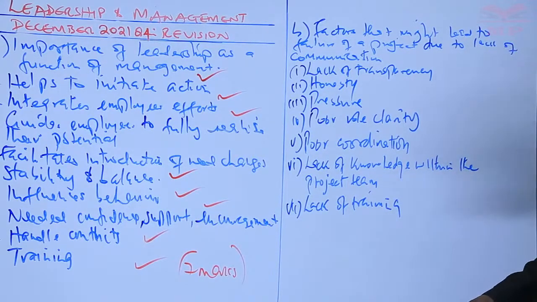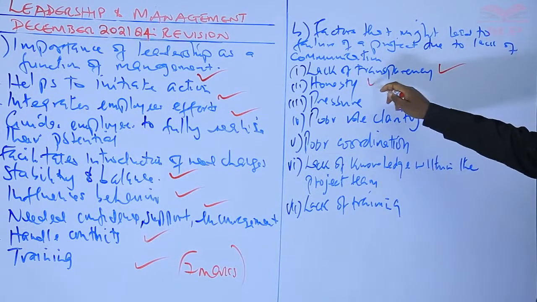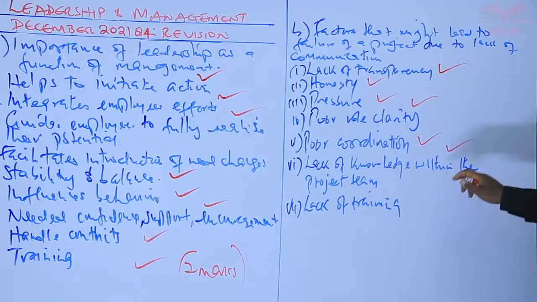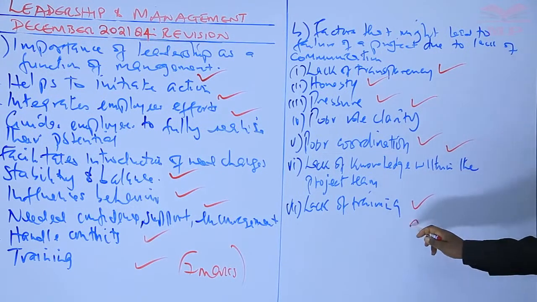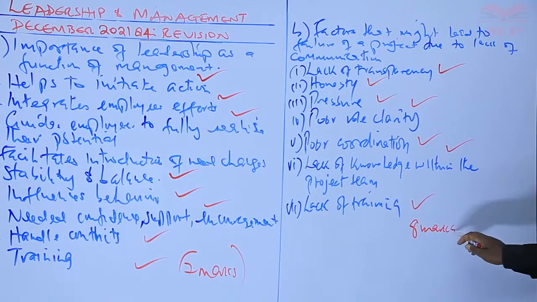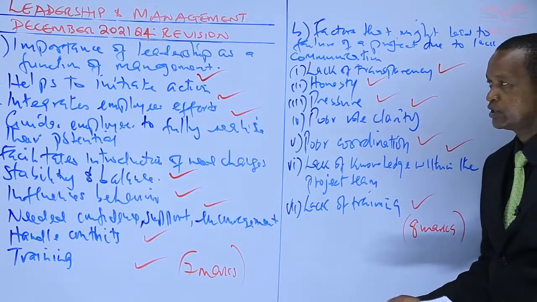So candidates were to give 4 factors that may lead to failure of a project. 1, 2, 3, 4, 5, 6, 7, any 4 here, 8 marks. That's question number 4, December 2021.